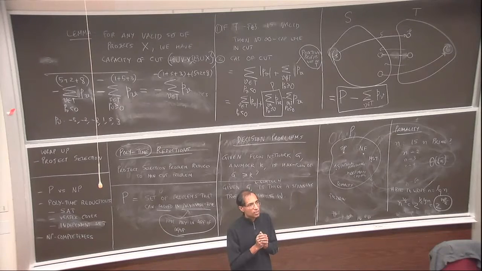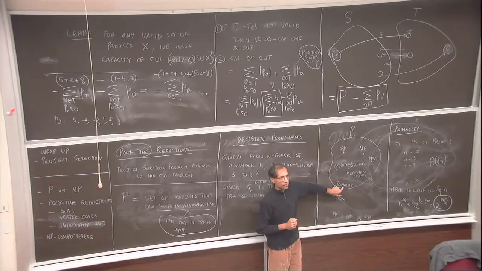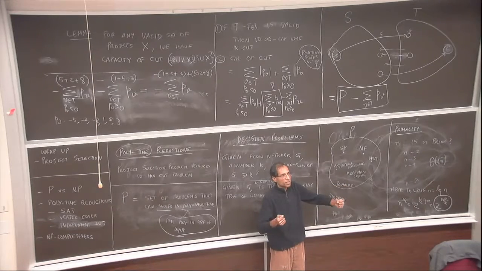If I want to know if a number is composite, that is a decision, just yes or no, and that can be done in polynomial time. Why? Because I told you that primality is in polynomial time. I will just feed it to the primality software, and if it tells me yes, I will say no. Composite is just the opposite of primality. Exactly. So if primality is solvable in polynomial time, compositeness is also solvable. And that's a straightforward reduction.